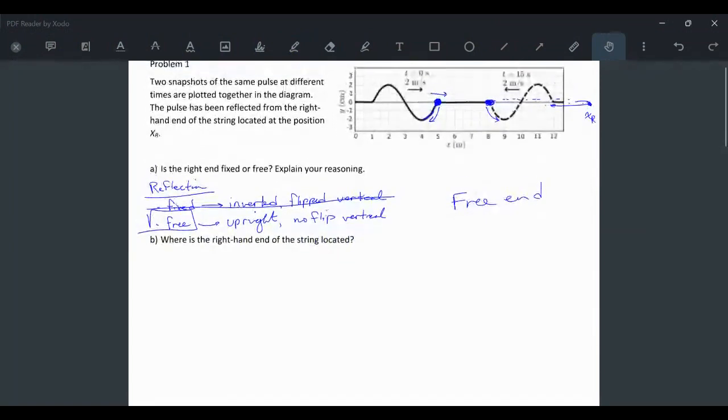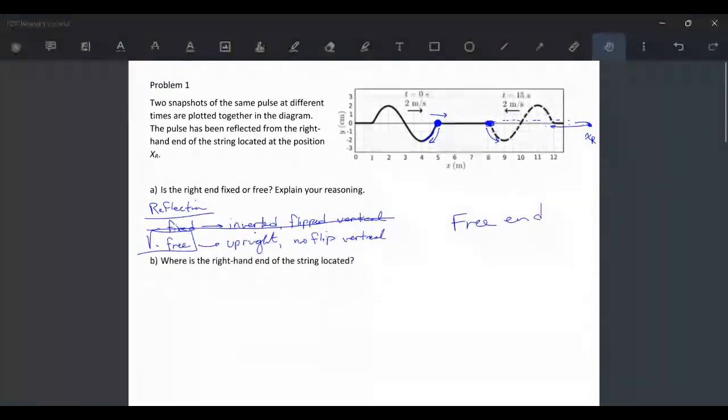Okay, part B says, where is the right-hand end of the string located? We already labeled this point XR. What we want to do is find exactly where that is on our number line. So we'll put it over on the right-hand side here.